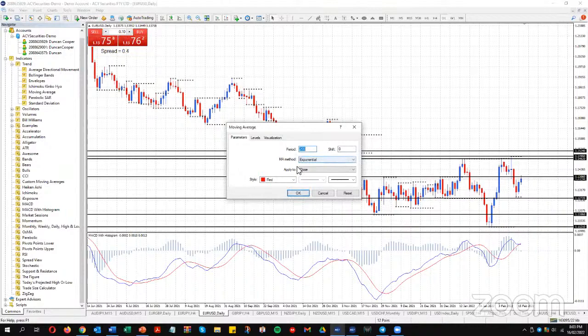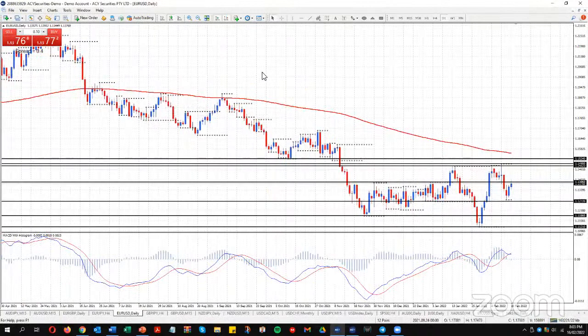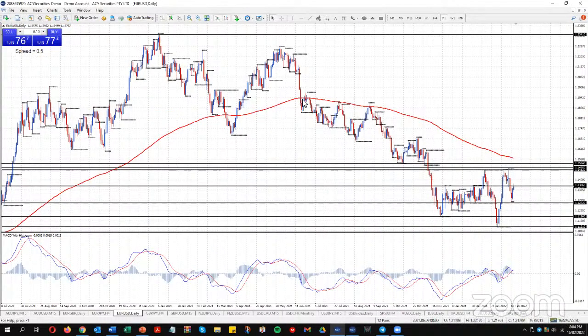We've already got this set at a 200 exponential red moving average because I've been working on that today. You talk about the 200-day moving average on euro dollar seeming to be support or resistance. Well, we're a bit short of it, but I get what you're saying. Let me just squash this down. Back in the year, we can see here where it became resistance.